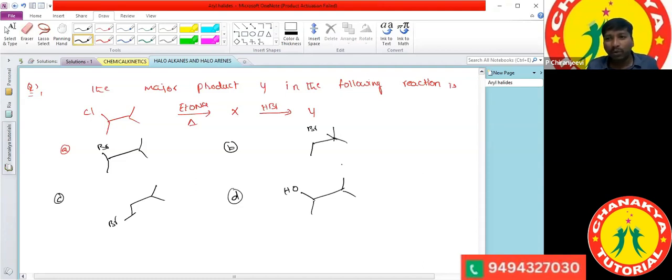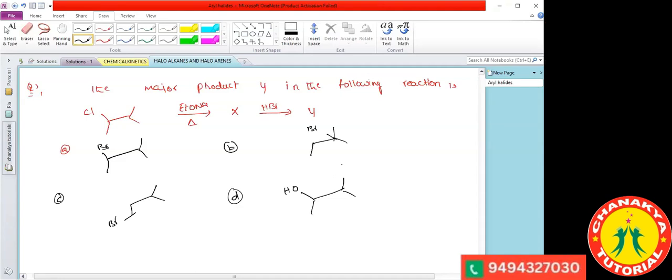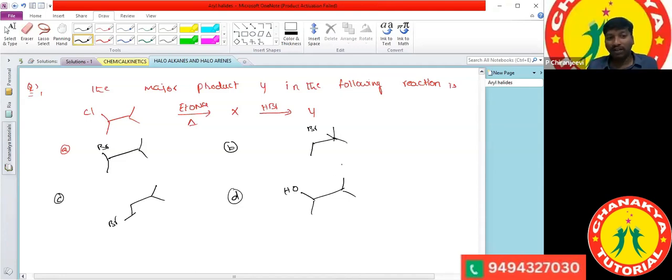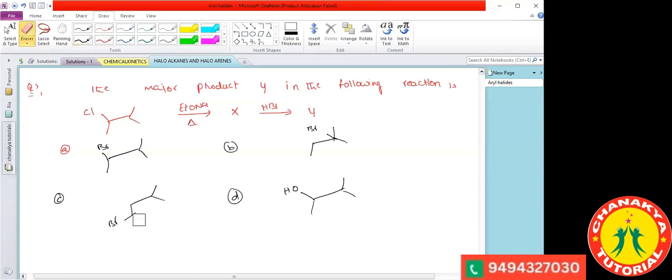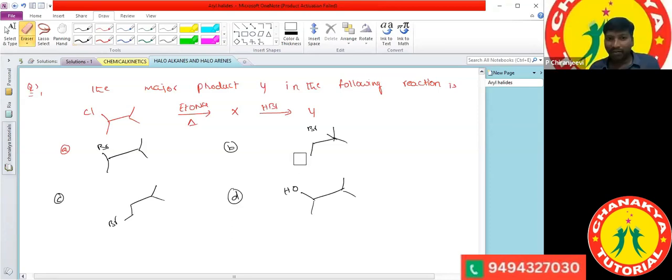Then what about Ritu? Sir, I feel the answer is C, but I'm also confused with B. Your expected answer is which one? C, but I'm not sure. It can be B also.